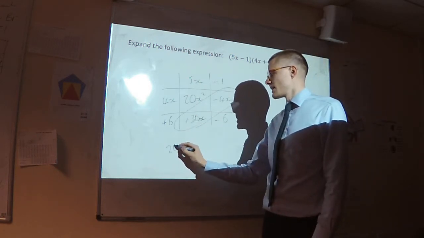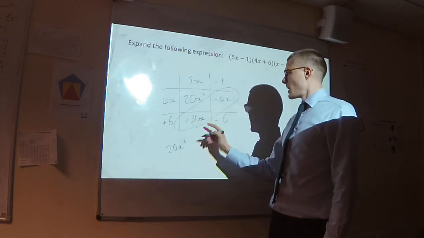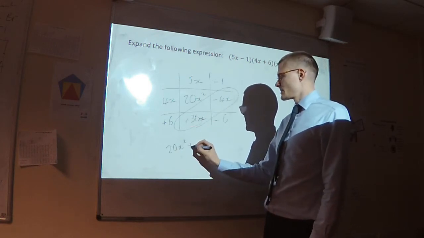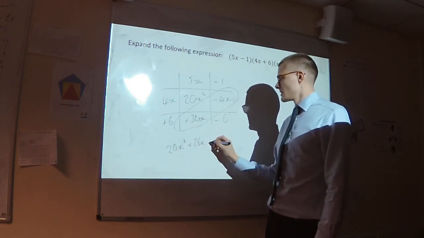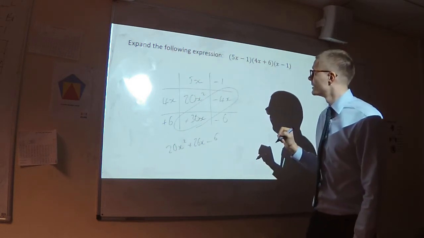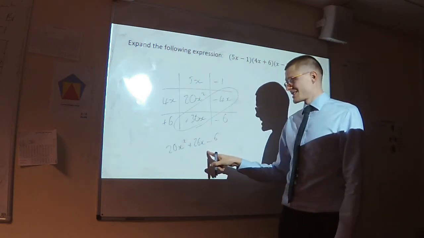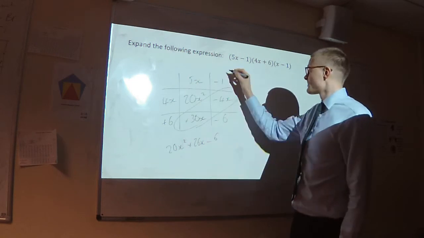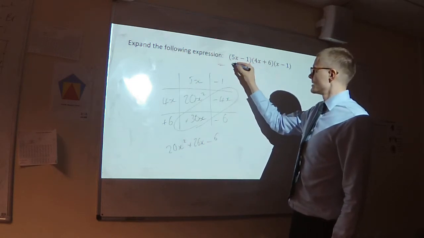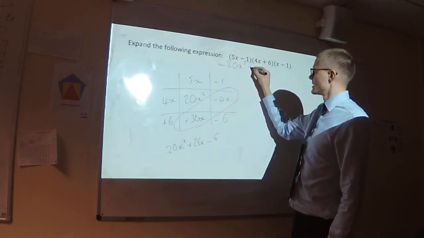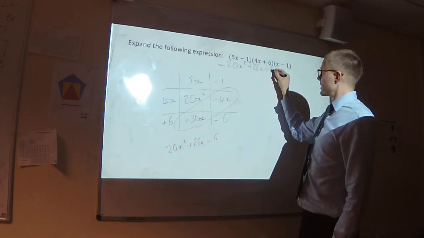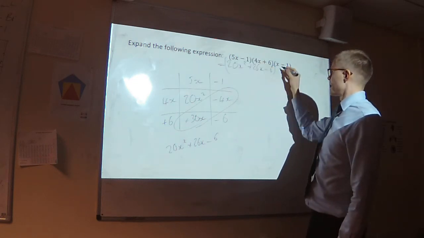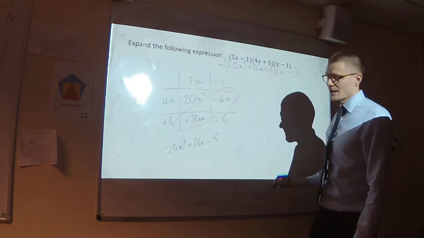I've got 20x squared, negative 4x plus 30x will be positive 26x, take away 6. Perfect. Now my second multiplication grid. What I've really got here is 20x squared plus 26x minus 6, which is those first 2 brackets, then multiplied by x minus 1.